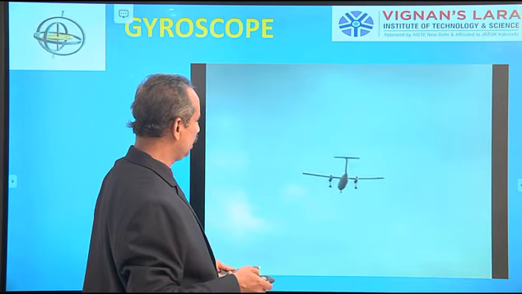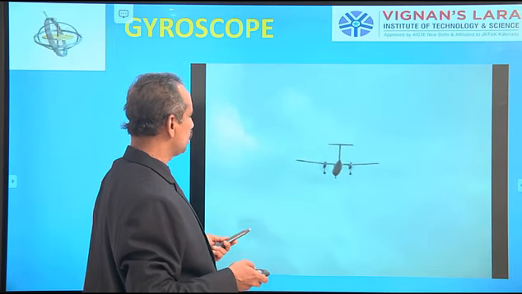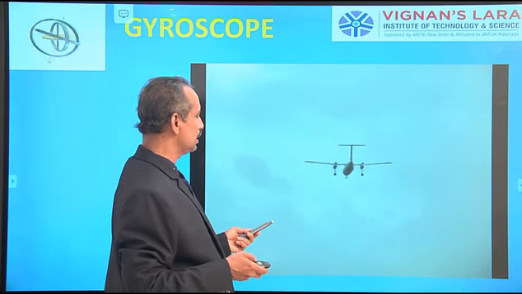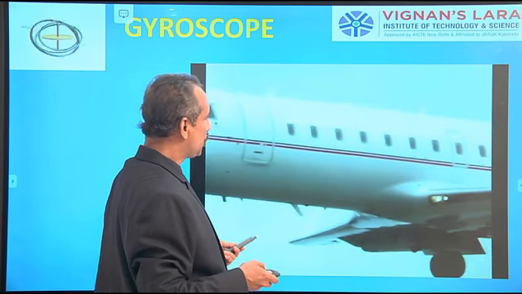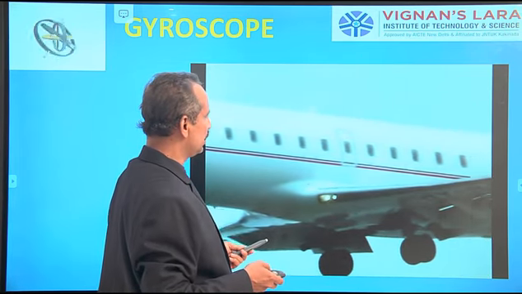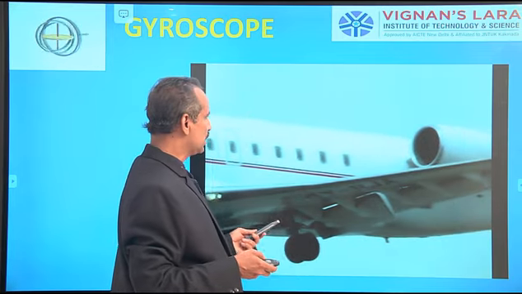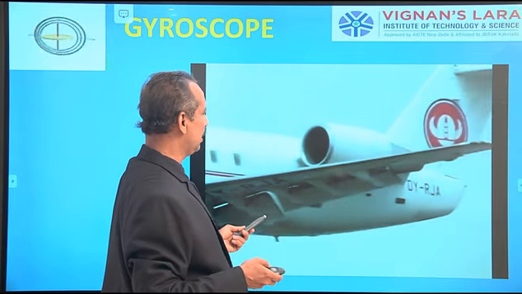You can observe that the same gyroscopes are used in aeroplanes, and the same thing is placed in ships and other devices where you need stabilization.